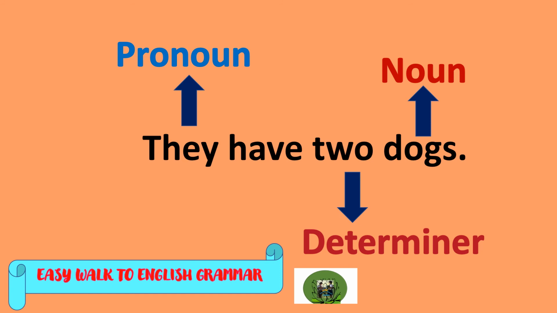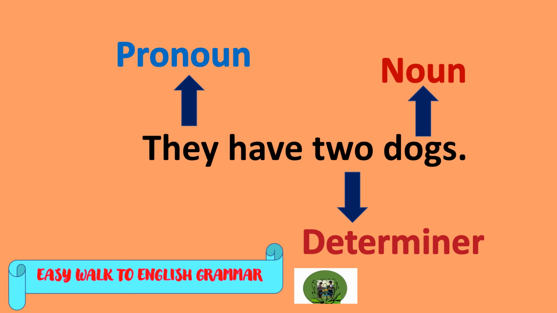And we are sure that in English we cannot frame a sentence without a verb. A verb, V-E-R-B, is a very essential or important component of a sentence.